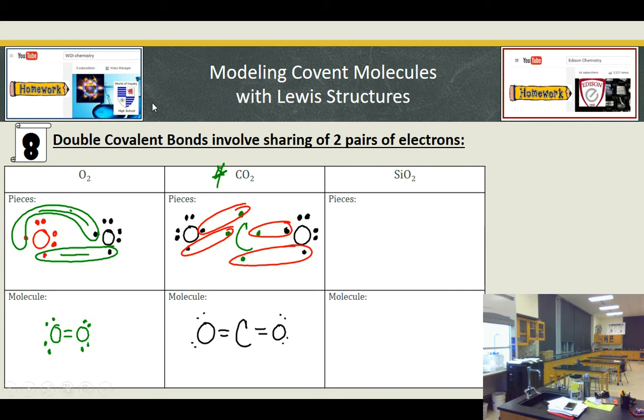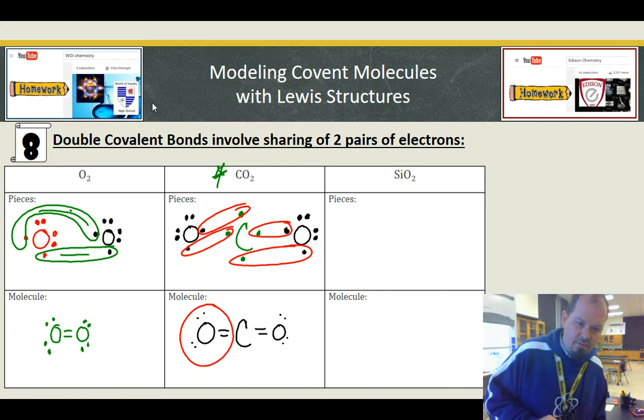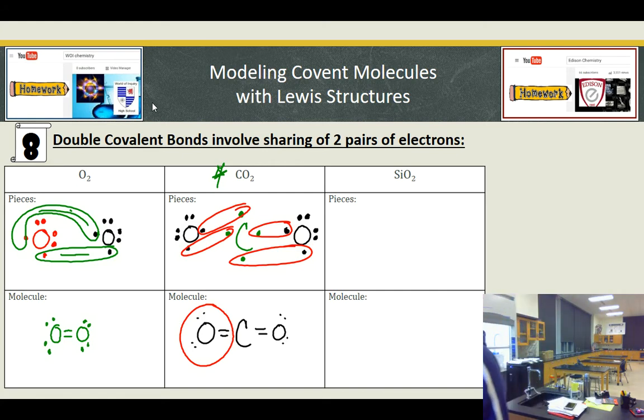And again, if I were to double check myself, and I don't want you to draw this on your paper, I want you to listen and understand, right? If I were to put a circle around here, there's 8 electrons. I got 4 dots, and I have 4 electrons hidden in 2 bonds. 4 and 4 is 8. Again, same thing here. I have 8 electrons around that oxygen, so I'm satisfied.